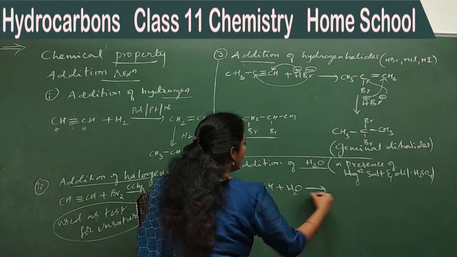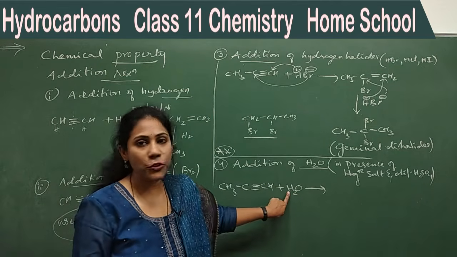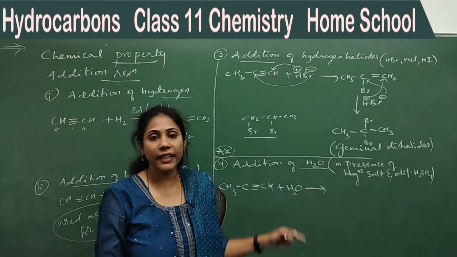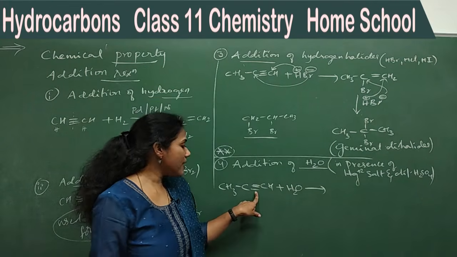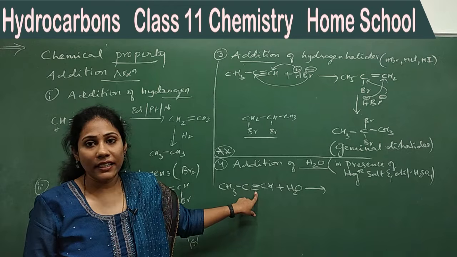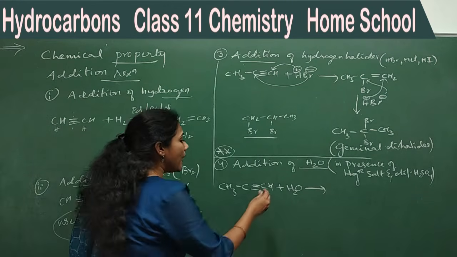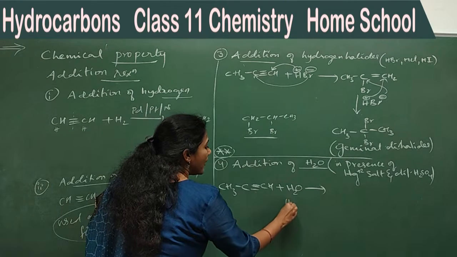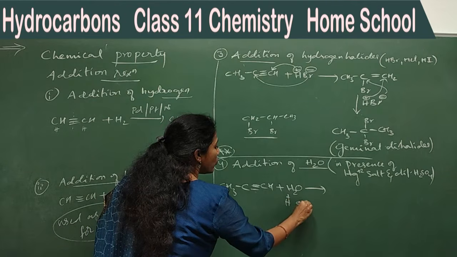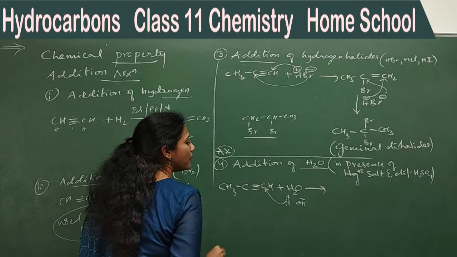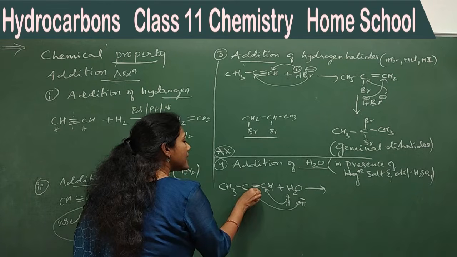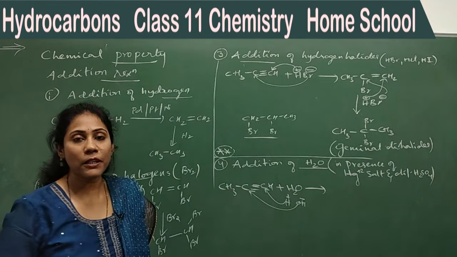Here water has a positive part H plus and a negative part OH minus. Follow Markovnikov's rule because this is an unsymmetrical alkyne. The positive part is added to the carbon having more number of hydrogens, and the negative part is added to the carbon having less number of hydrogens.